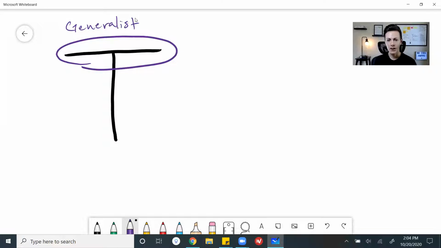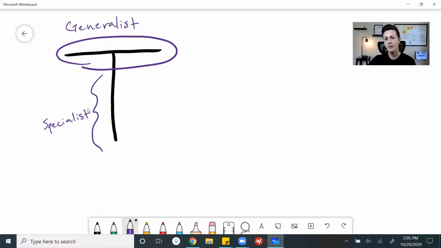Now, this is a progression because lots of generalists then become specialists. And that is what makes up the stem of the T. Now, a generalist goes really wide, but they don't go really deep. But a specialist, instead of going really wide, narrows their focus a ton, and then goes really, really deep.